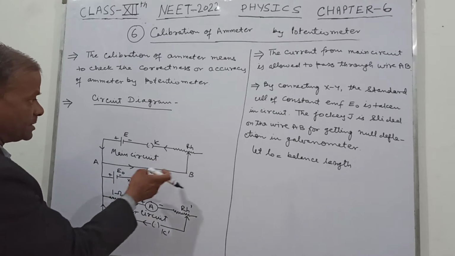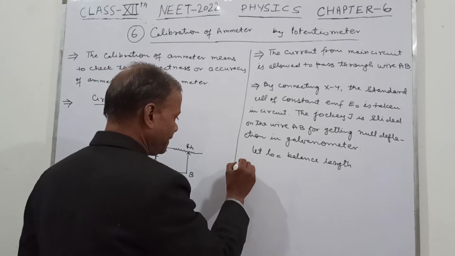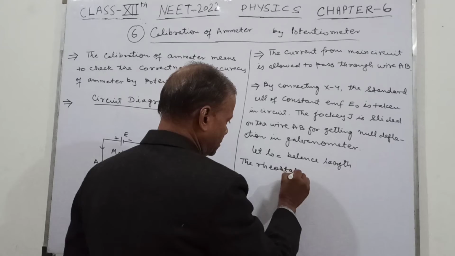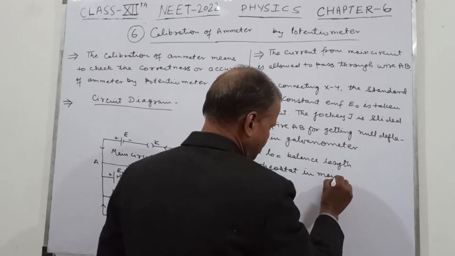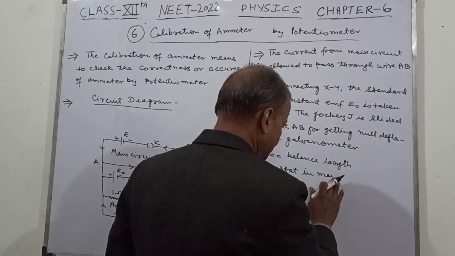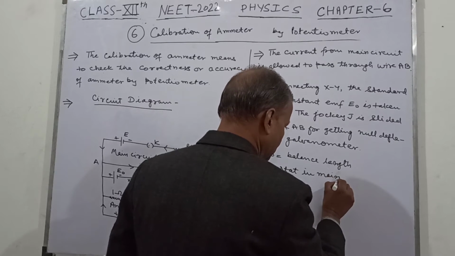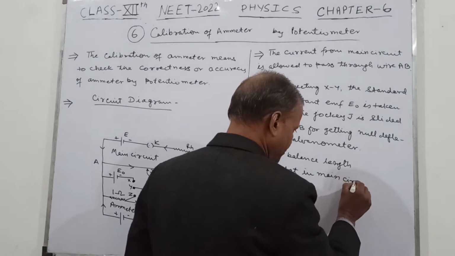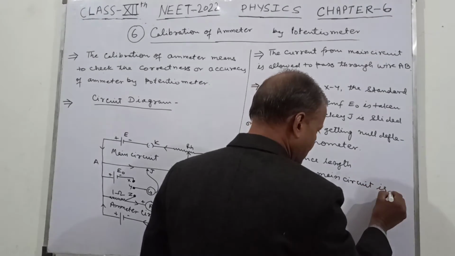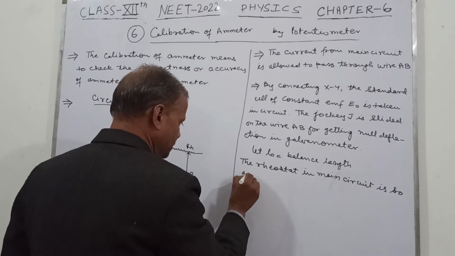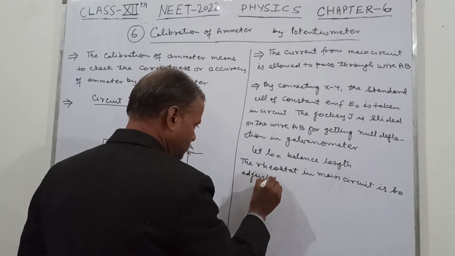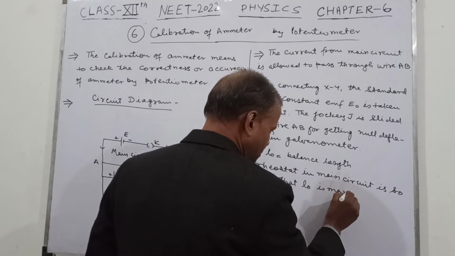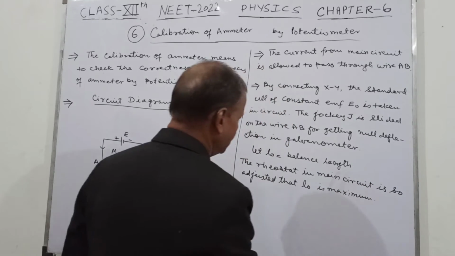Now this RH, the rheostat in main circuit, is so adjusted that L0 is maximum.